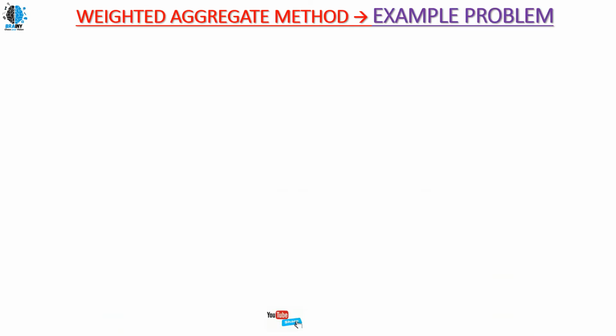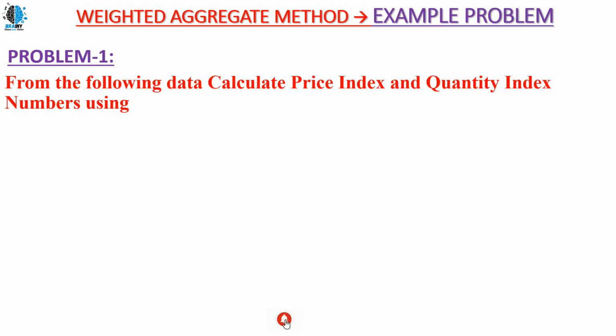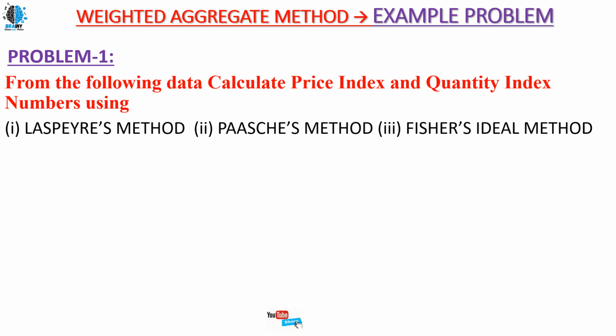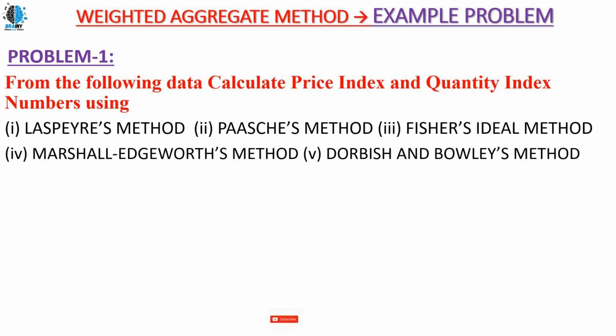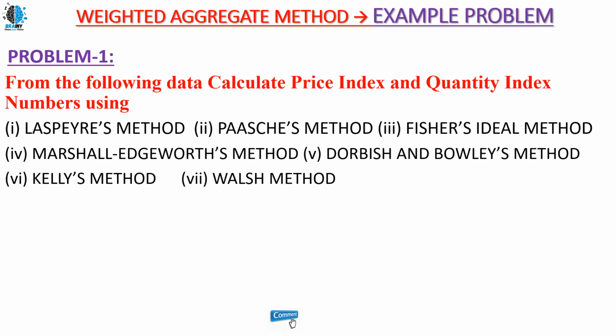Let's see how we can calculate the price index as well as the quantity index under the weighted aggregate method. Here is the example problem. From the following data, calculate price index and quantity index using index numbers by the Laspeyres method, Paasche method, Fisher's method, all these 7 methods. So by using all these methods, we have to compute the price index as well as the quantity index.